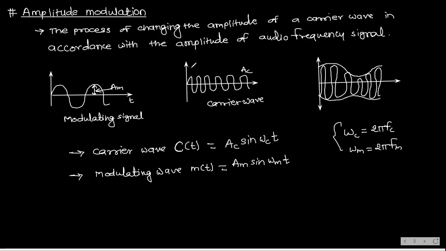Now what to do? See here. The modulated wave will be like this after mixing. That is, we have to mix this amplitude of the carrier wave, AC sine omega c t, with AM sine omega m t into sine of omega c t.